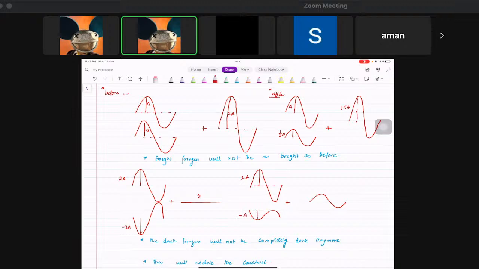It does not cancel at all. So a will remain, right? Which means some wave will still be there. It will not be as bright as constructive interference has, and it will not be as dark as when it cancels everything. So it's not going to completely cancel, that's why. Do you get my point? Yes, sir.